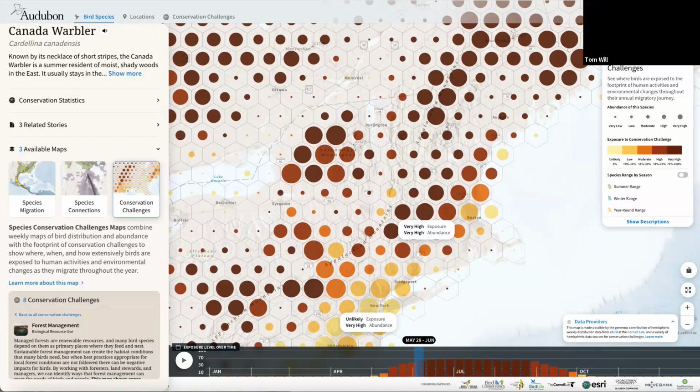So with our team, my colleague here, Margaret Fowler, is from Audubon Vermont. She works a lot with forestry. She works with private landowners, thinking about forest management and how we can manage forests to support birds like the Canada Warbler.